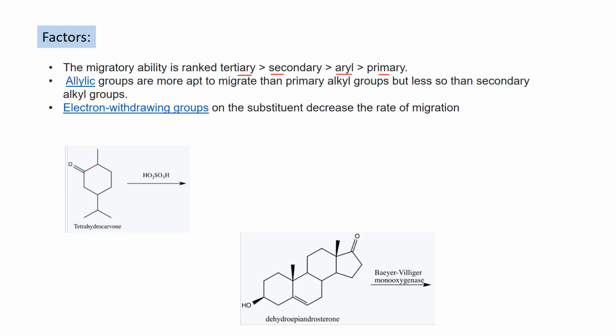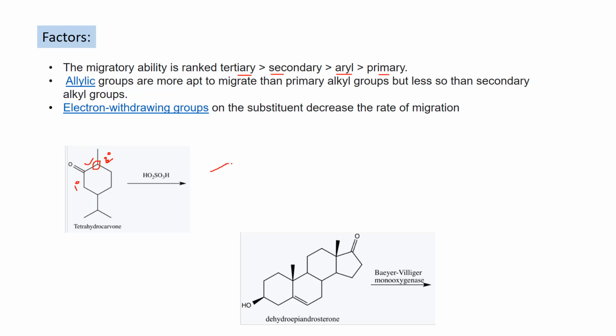So between these two, this carbon is tertiary, this is secondary, this one is primary. So which will have greater migratory aptitude? This carbon.